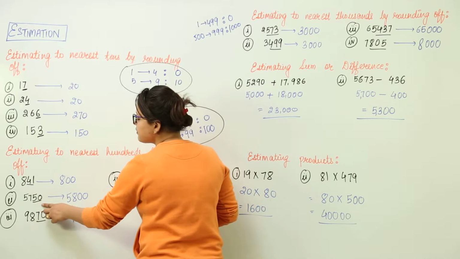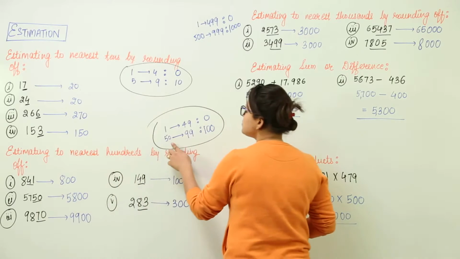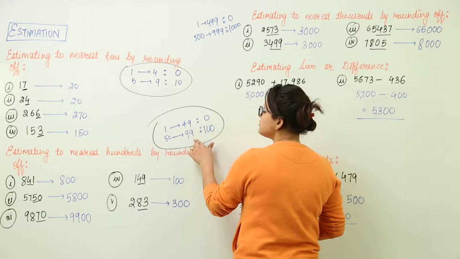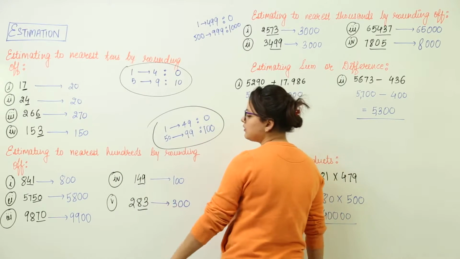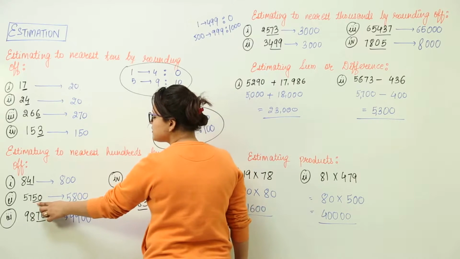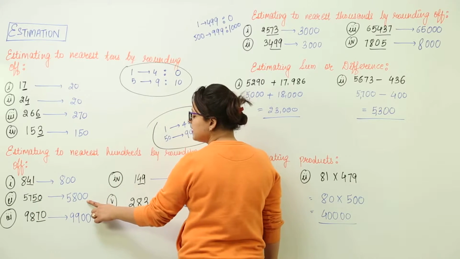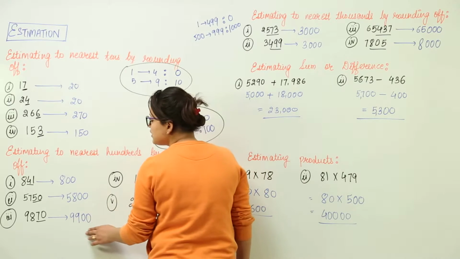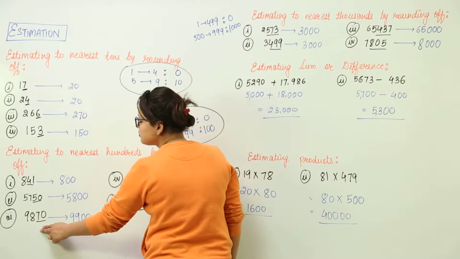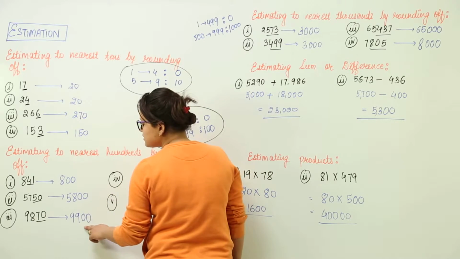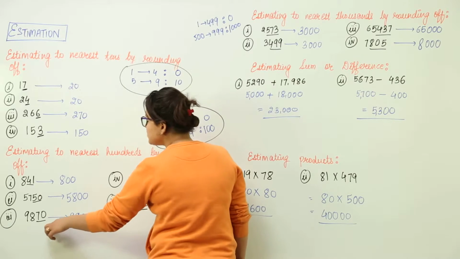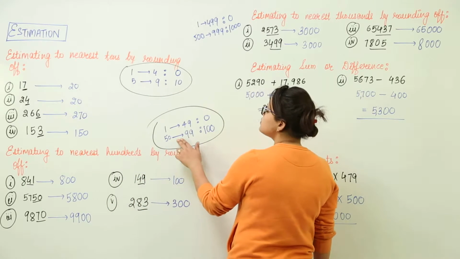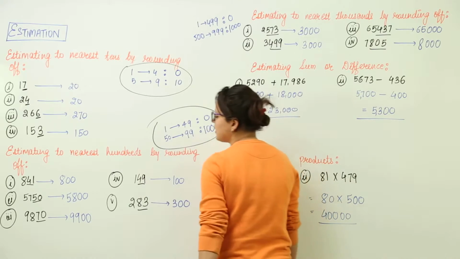Here we have 5750. Now 50 is over here, so we estimate it to the next 100 value, and for 5750 the next 100 value is going to be 5800. Similarly we have 9870 rounded off to 9900, because 70 is lying here, and so we round off to the next 100 value.